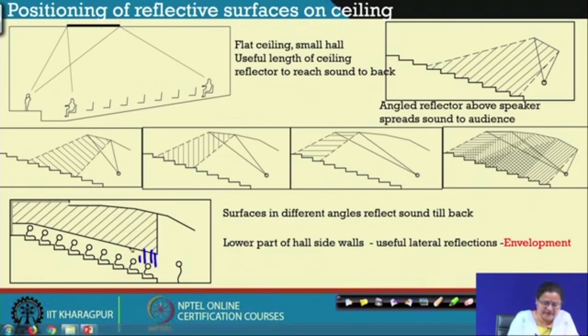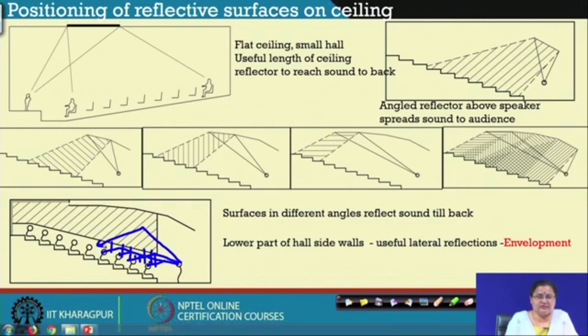These lateral reflections can reach the audience from the source, moving laterally, and from above they may lead to delayed reflections to these audience.